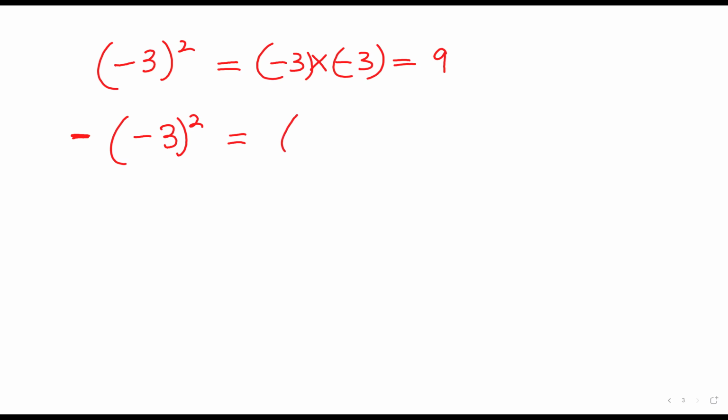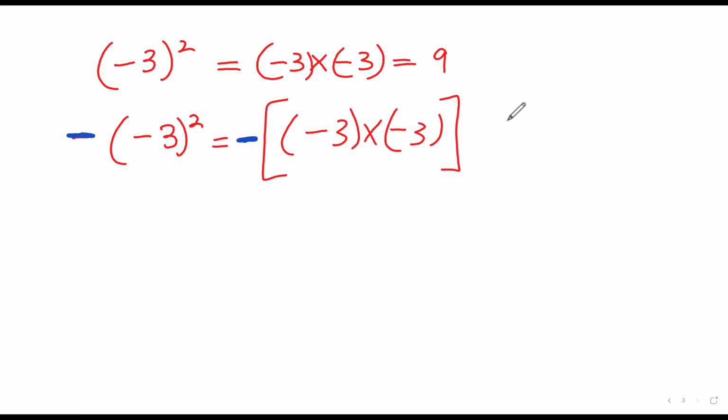So this will actually be negative 3 times negative 3, but you still have this negative on the outside here. And I want to really draw your attention to that because this is a source of real conflict for students. You still have this minus sign on the outside there. So this will actually be minus 9. Here, minus 3 squared does not change, these two minuses do not change to a positive.